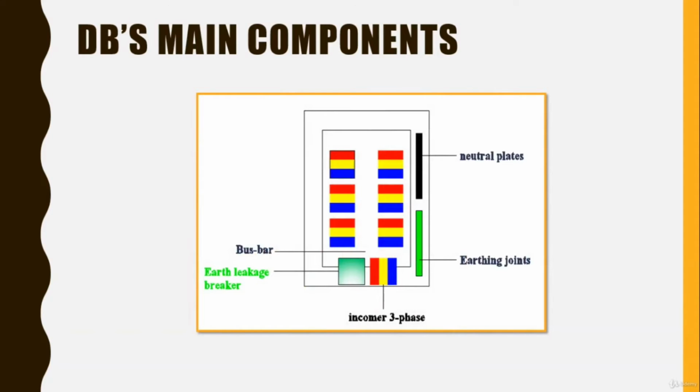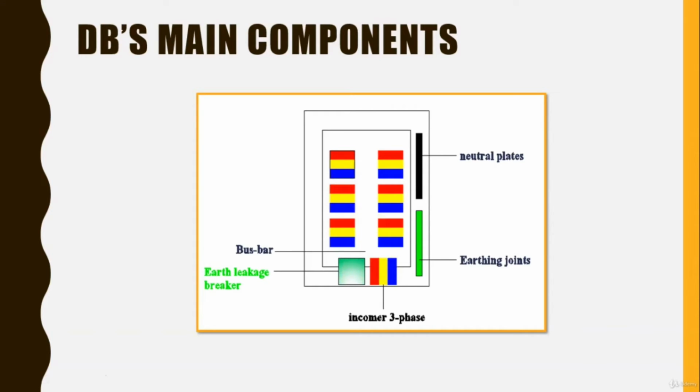Let's make a quick review of the main components in the DB. First, we have the incomer breaker. An MCCB feeds this incomer breaker. The incomer breaker feeds the ELCB. Then the ELCB feeds the bus bar. Finally, the bus bar feeds the outgoing MCBs.